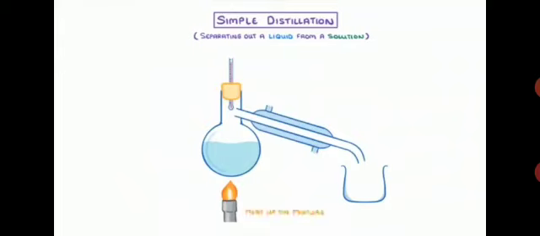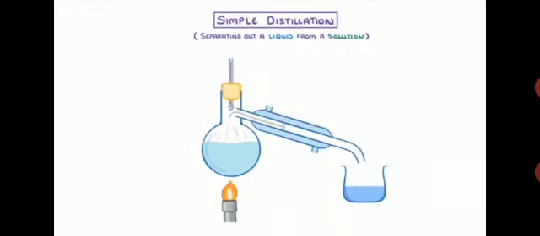As it starts heating, when will the water come out? When the temperature reaches 100 degrees Celsius, that is the boiling point of water. As the temperature reaches 100 degrees Celsius, the water will start to evaporate. All the vapors will be entering into the condenser and it will get condensed into a liquid, which will be collected in the side receiver, that is the beaker.